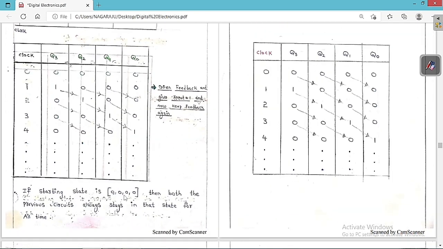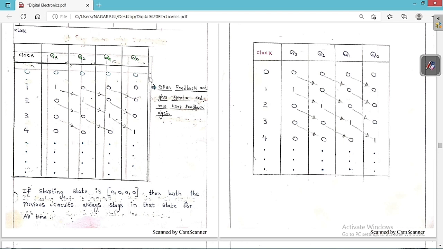If the starting state is 0, 0, 0, 0, then both of the previous circuits always stay in that state for all time. If all are in the same state 0, 0, 0, 0, and you are not opening the feedback and not giving the 1, then definitely all the states are going to stay in 0, 0, 0, 0 for their whole lifetime. So we have made the ring counter using the D flip flop, and also using the JK flip flop.